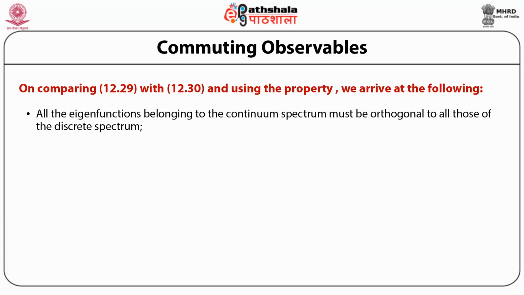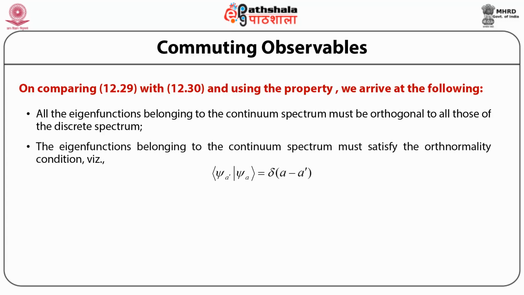First, all the eigenfunctions belonging to the continuum spectrum must be orthogonal to all those of the discrete spectrum. Second, the eigenfunctions belonging to the continuum spectrum must satisfy the orthonormality condition, that is, the scalar product of psi A prime with psi a is equal to delta of A minus A prime.